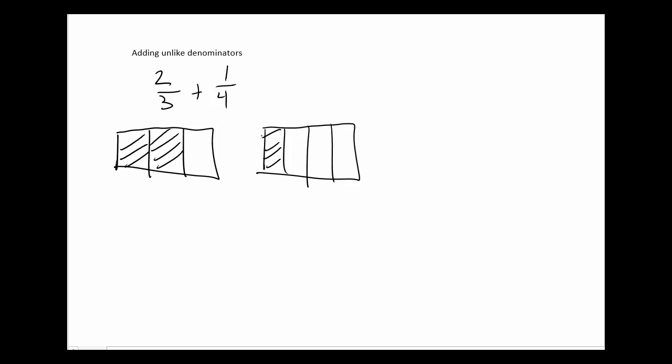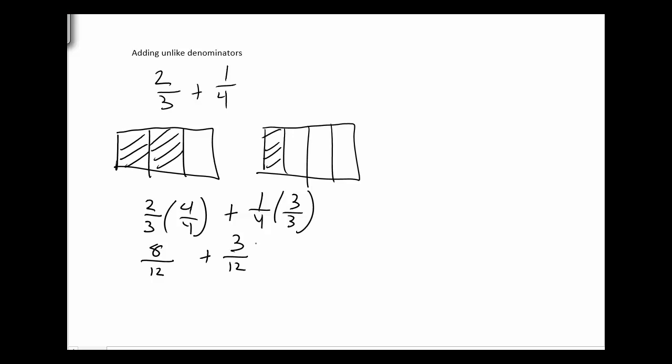Well, what I can do is rewrite each fraction in terms of an equivalent form that has the same denominator. So I can take 2/3 and multiply it by 4/4, and I can take 1/4 and multiply it by 3/3. And that would give me 8/12 and 3/12.